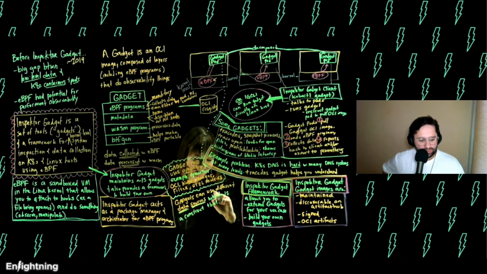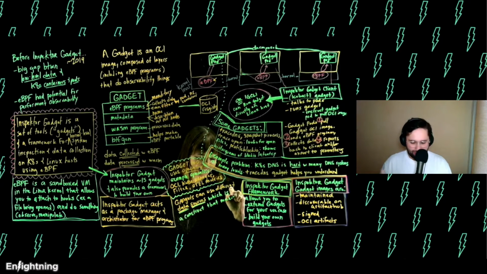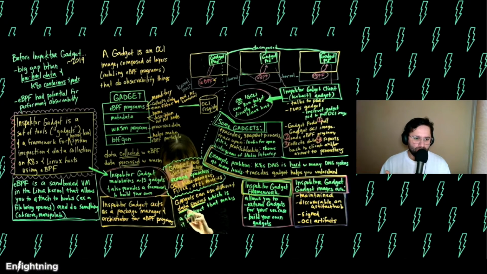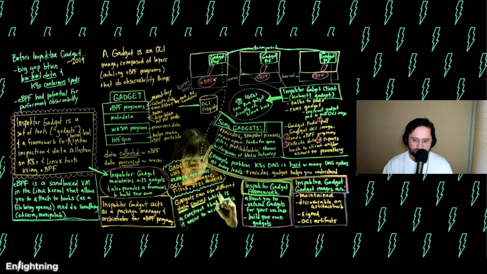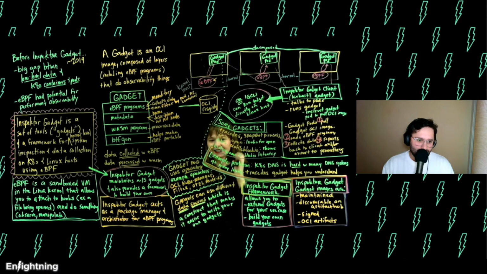It's a bit of an abstraction built on top of eBPF, so it allows you to easily reason about your use case and then build gadgets. Cool. It's a construct built on top of eBPF.